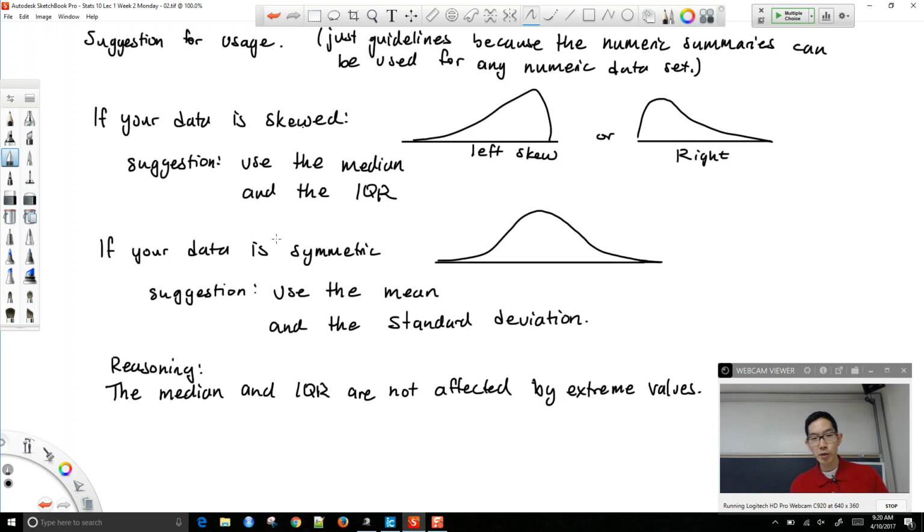And so the median and IQR are not affected by extreme values, whereas the mean and standard deviation are affected. I'm going to just abbreviate standard deviation as SD, are affected by extreme values.